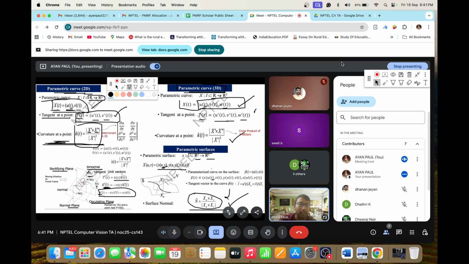The first fundamental form always talks about things on the surface, and the second fundamental form talks about how the surface is changing. That is why the parametric surface is important, and to understand it you have to understand the parametric curve. So that is the whole story.